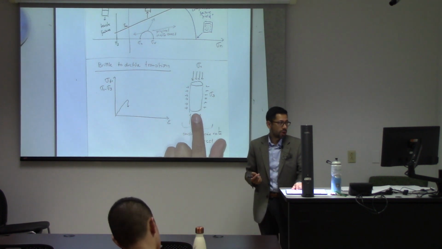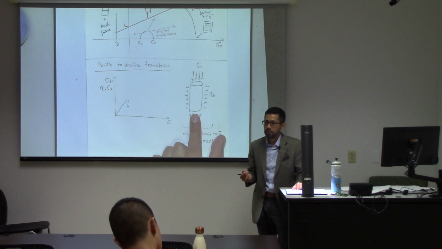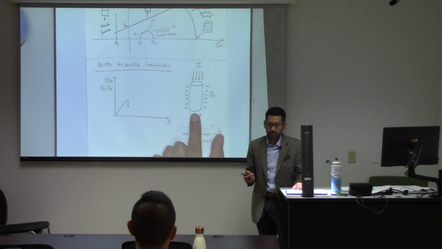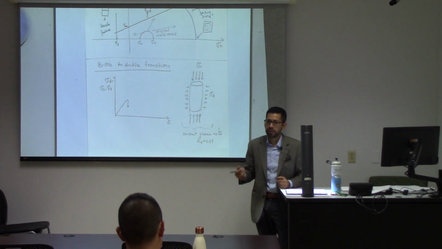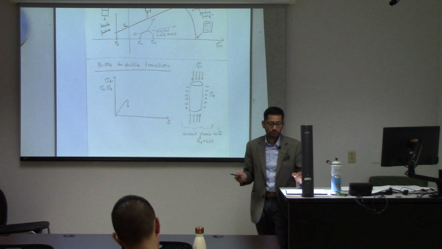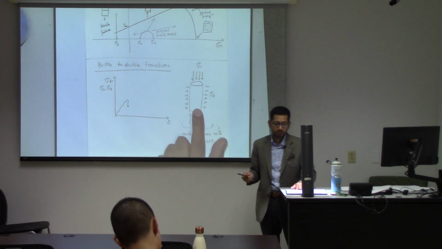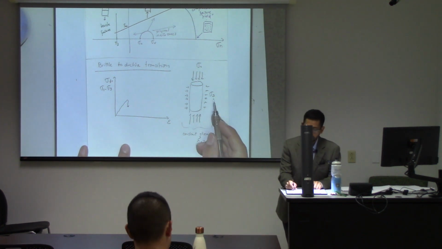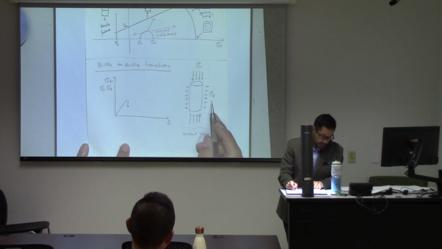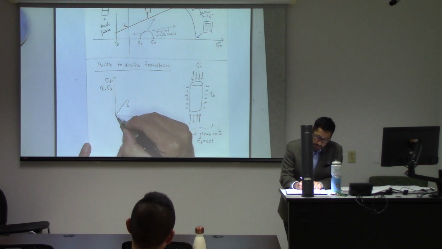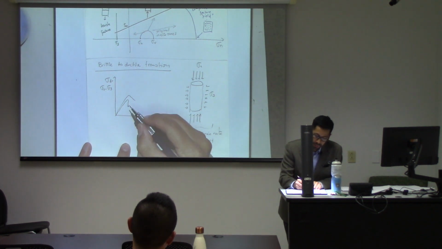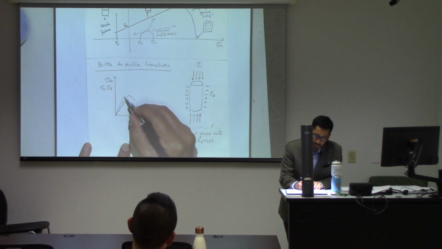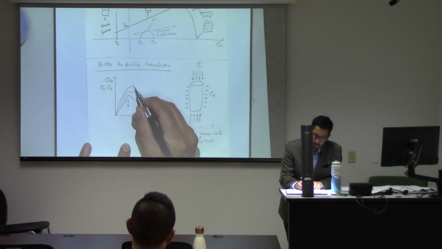Well, it turns out that rocks can be brittle, but also can be ductile. And it actually depends on how much confining stress you have. So the same rock, if you were to add more confining stress, you will see that it will be stiffer, it will be stronger, and it will eventually become more ductile.